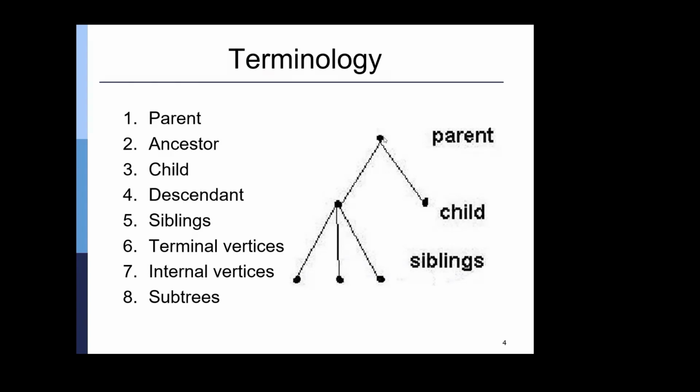And the nodes at level 2, because they all share the same parent, are sibling nodes. How about level 1? The node on the left and the node on the right are sibling nodes because they share the same parent.